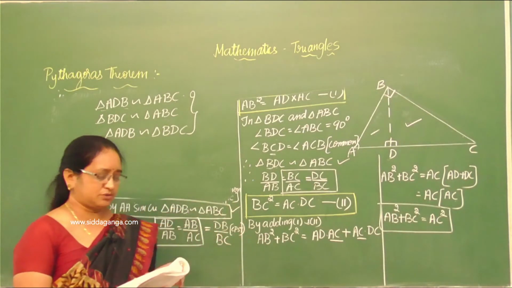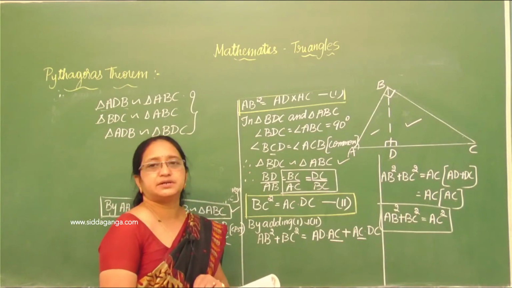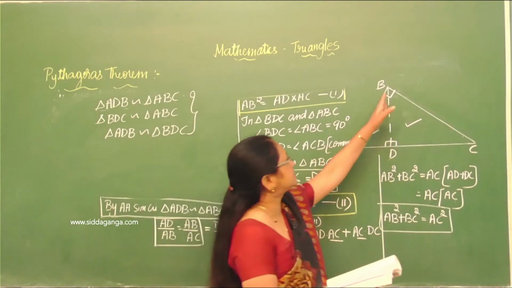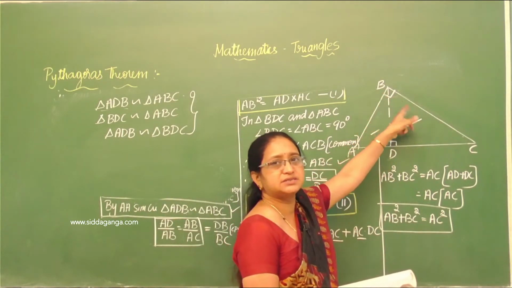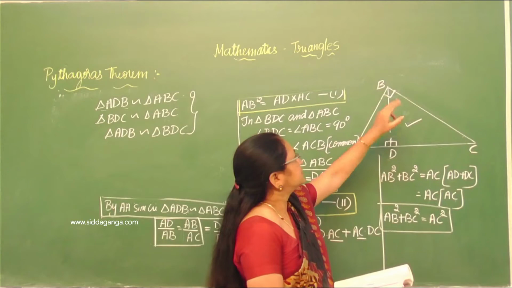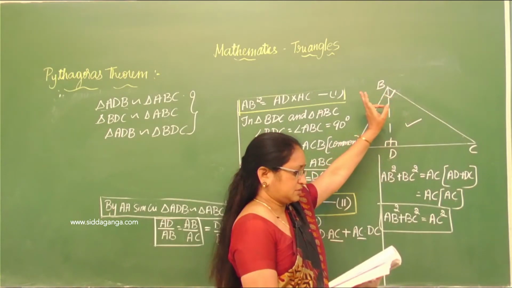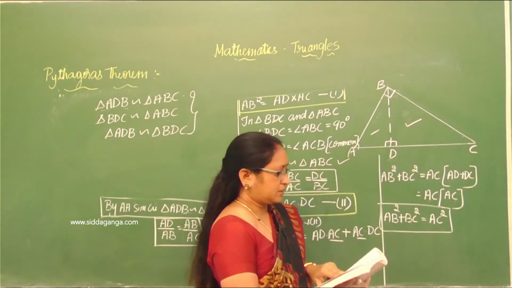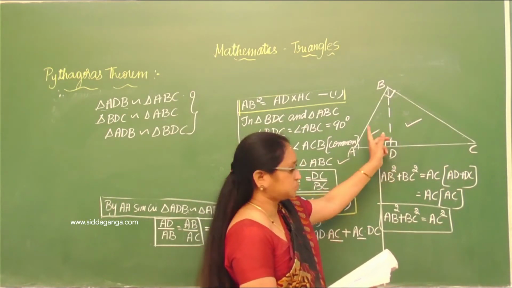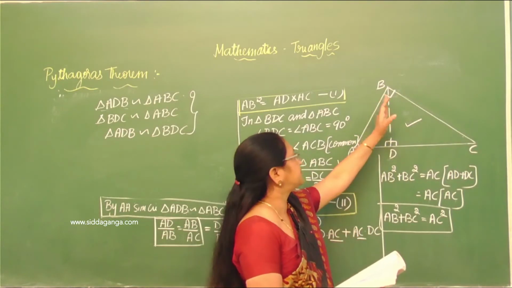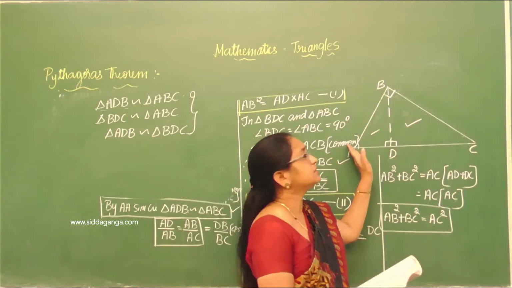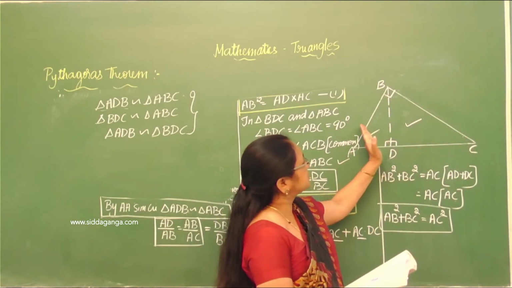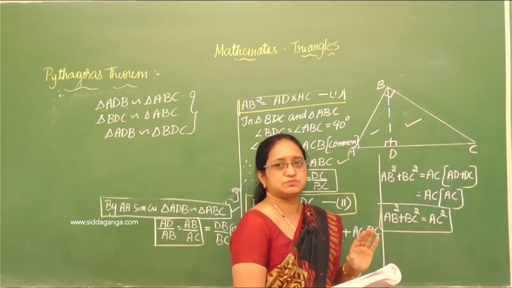Once again I'll tell you, now I think you can understand in a better way. If a perpendicular is drawn from the vertex of the right angle of a right angled triangle to the hypotenuse, then the two triangles on both the sides of the perpendicular are similar to the bigger triangle, and they are similar to each other also.